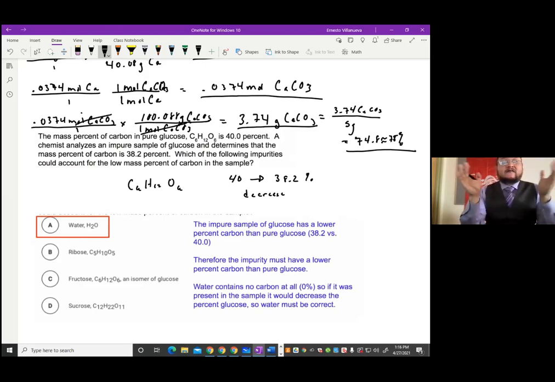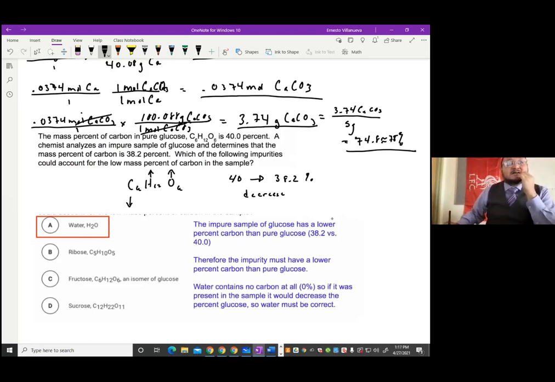If you have a percent of a molecule or a percent of anything, then to bring the carbon down, you have to bring up the hydrogen or the oxygen, in terms of overall percentage. If you increase carbon and hydrogen and oxygen, then you're going to see either a steady carbon or an increase in carbon, depending on how much you add.